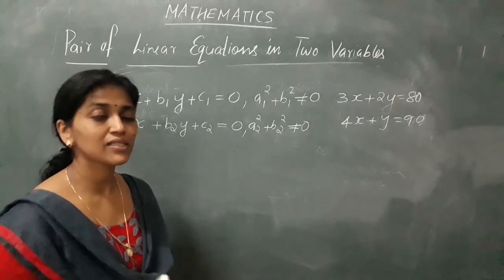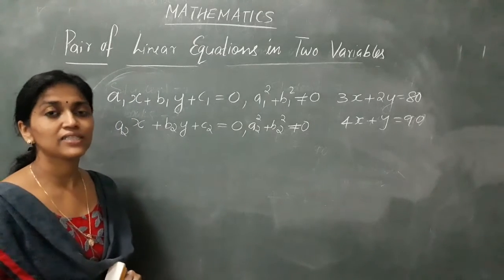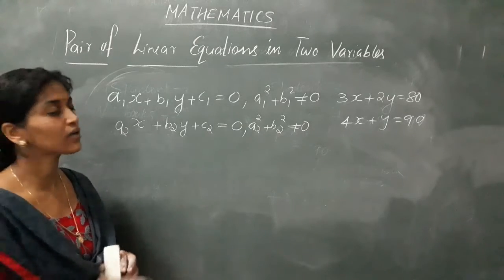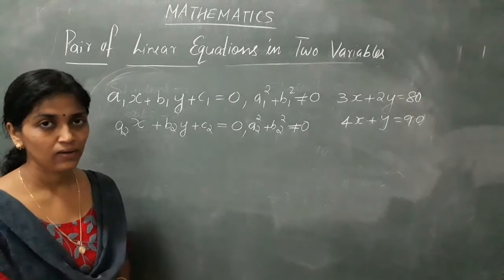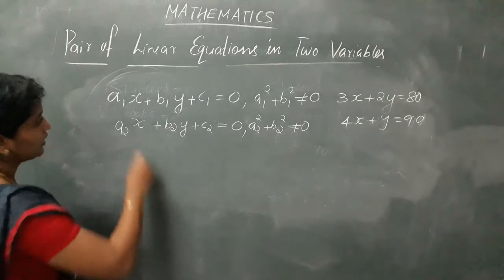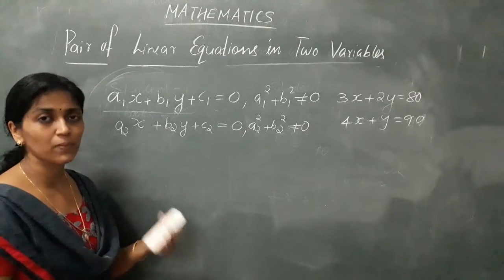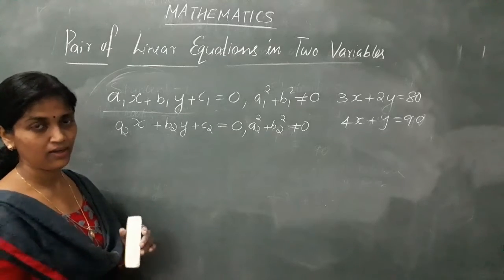Clear? When we studied linear equations in two variables last year, we studied their geometrical form also. This year also we have to study its geometrical form. We know that a linear equation in two variables, when represented geometrically, has a graph that is a straight line.